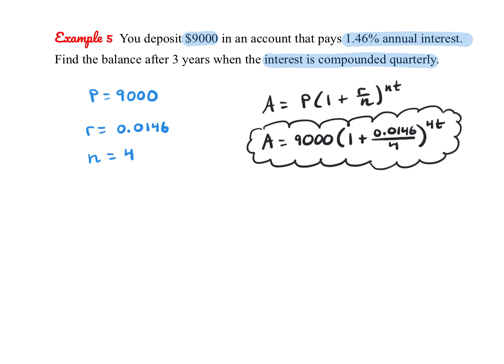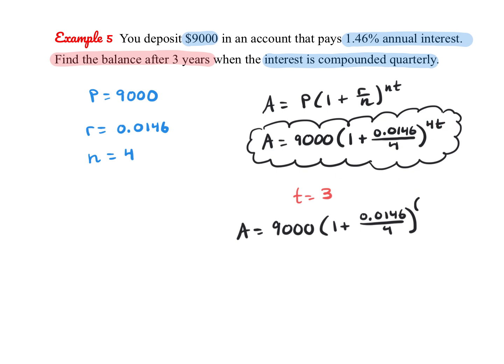So if we want the balance after 3 years, we're going to substitute t with 3. So we get A equals 9,000 times 1 plus 0.0146 divided by 4 to the power of, one thing, we could just say to the power of 12. We know 4 times 3 is 12.